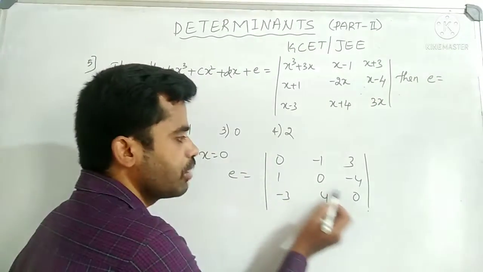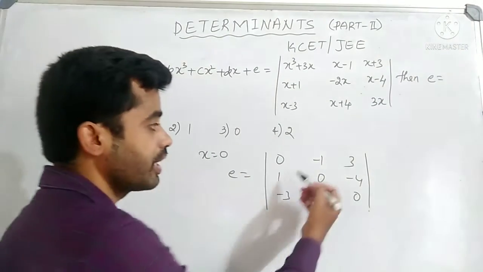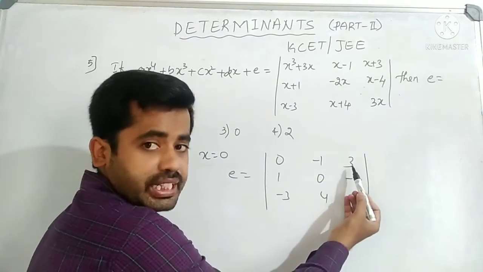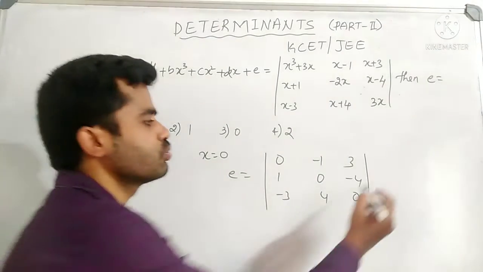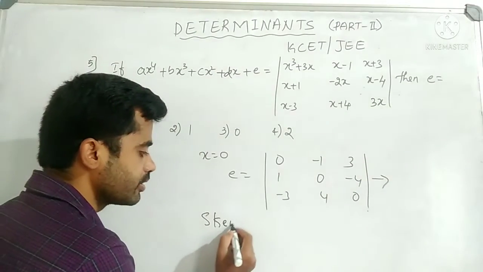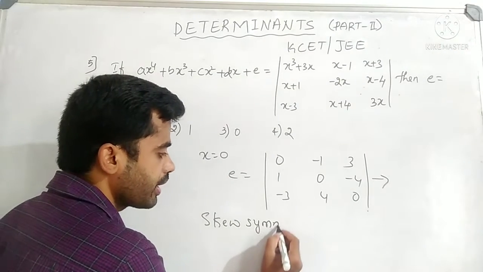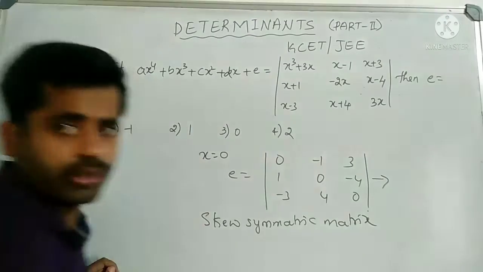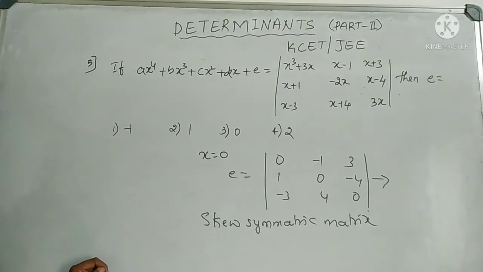The diagonal elements are zeros. The corresponding other elements are 1, minus 1, minus 3, plus 3, 4, minus 4. Which matrix is this one? This is a skew symmetric matrix.